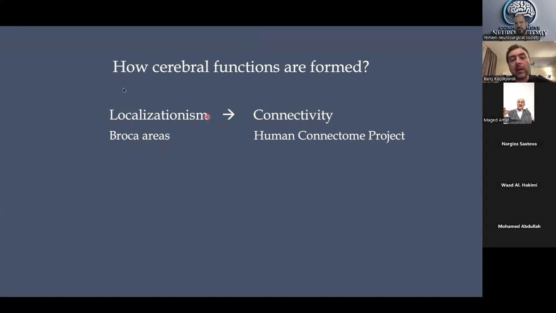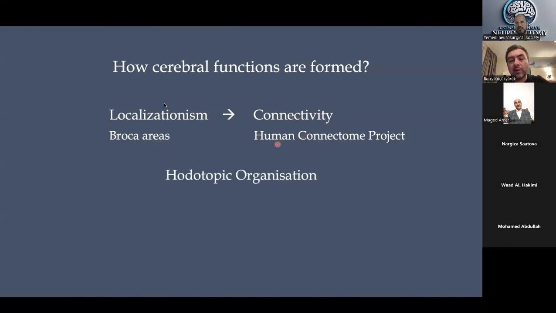But nowadays, we understand that areas like Broca area or Wernicke area don't perform all the functions by themselves. Actually, there is great connectivity across the whole brain. So basically, nowadays we believe that cerebral functions are formed by the connectivity of different cortical areas through white matter tracts.